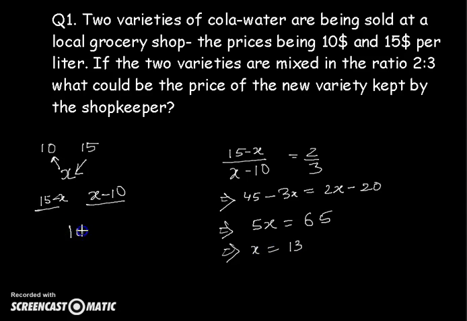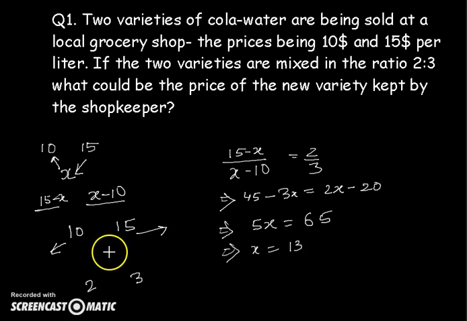Otherwise also, if you see the figures 10 and 15, you should be able to see that if the ratio is 2:3, the price has to be something between 10 and 15, obviously. The price cannot be higher than 15 and the price cannot be lower than 10.